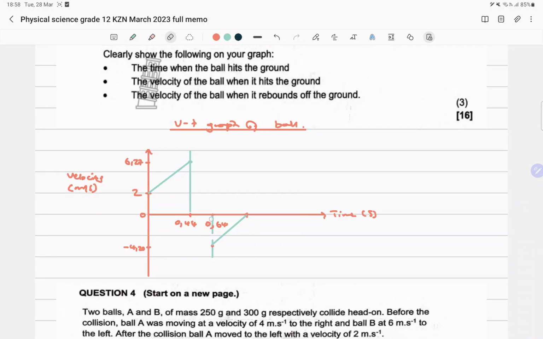Okay, so you see, we've done it. We were not asked the time at which it reached the maximum height, so we're not interested.